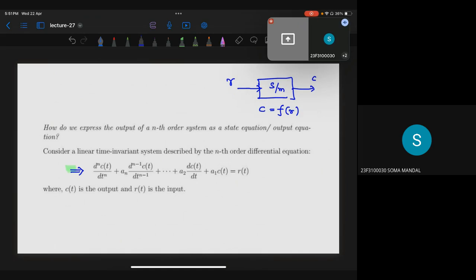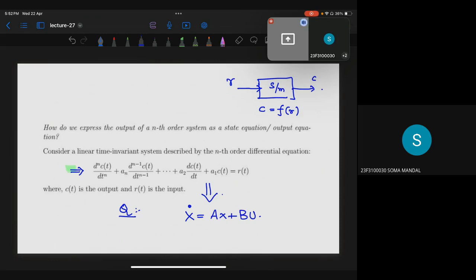So n can be 5 also. If n is 5, the question is how to convert this into the form x dot is equal to AX plus BU, and how to find these A and B matrices. Is my question clear?